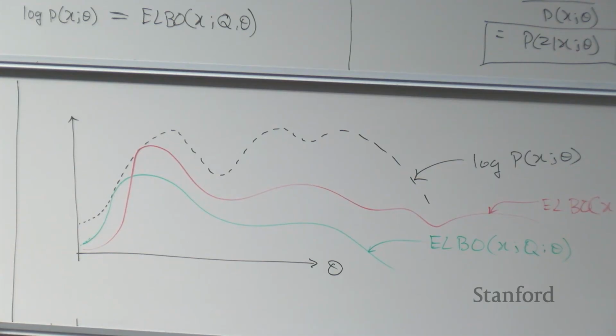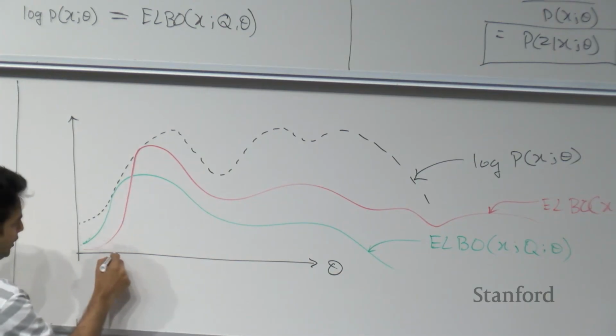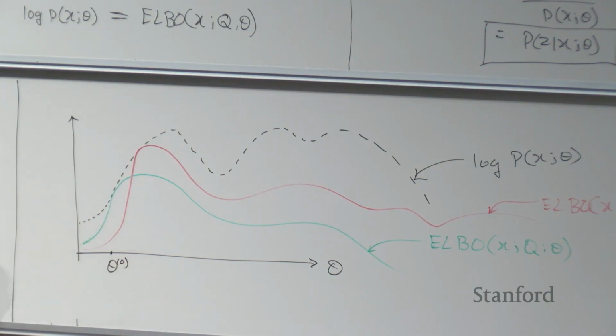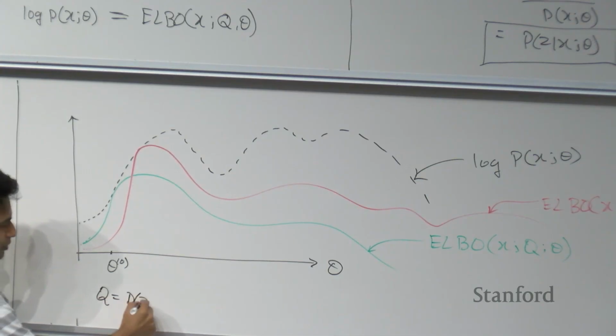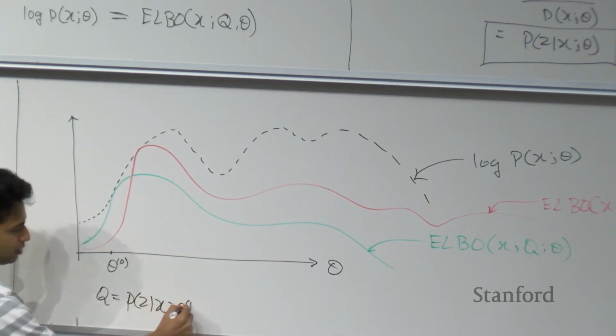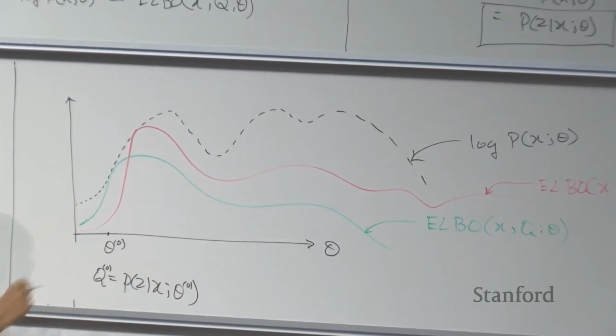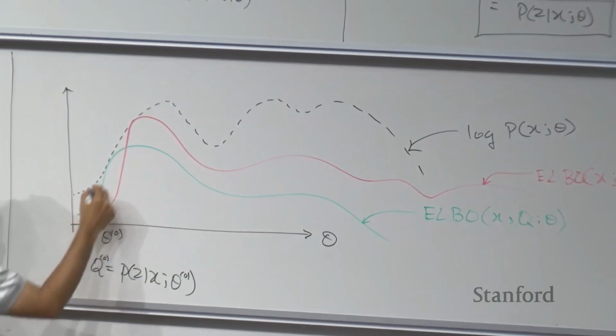And what Jensen's inequality, or the corollary, tells us is that for a given value of theta, let's assume this is our randomly initialized theta 0, right? For this value of theta, if we choose q to be p of z given x and theta 0, let's call this choice q0.